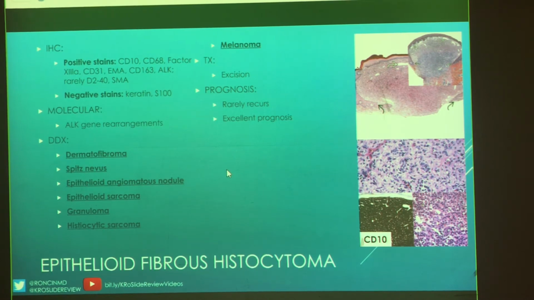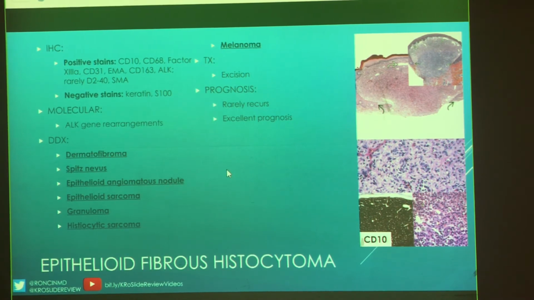Keratins and S100 should be negative in this, and because we have ALK positivity, you would expect to see ALK gene rearrangements on molecular. Your differential includes things like dermatofibroma, Spitz nevus, epithelioid angiomatous nodules, epithelioid sarcoma, granuloma, and histiocytic sarcoma, as well as melanoma.